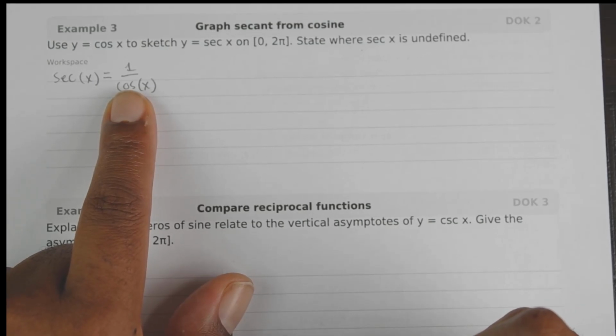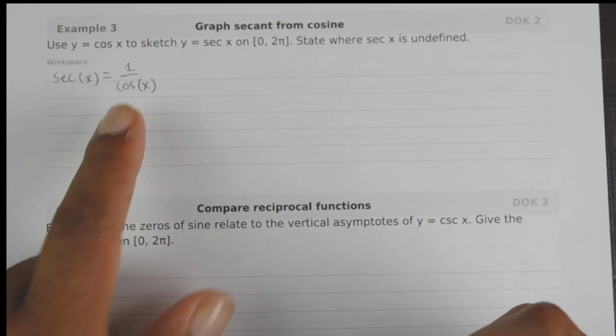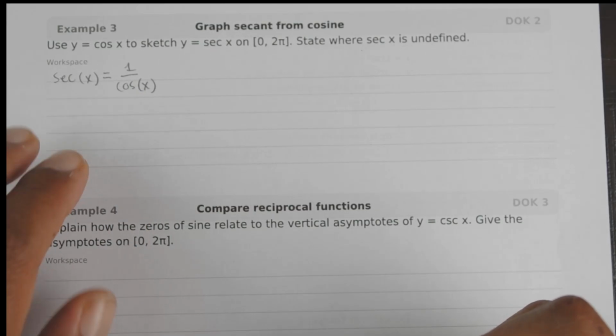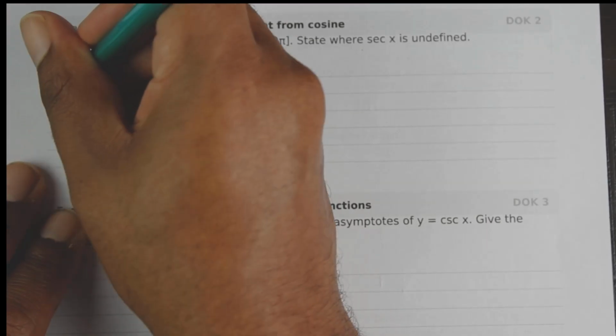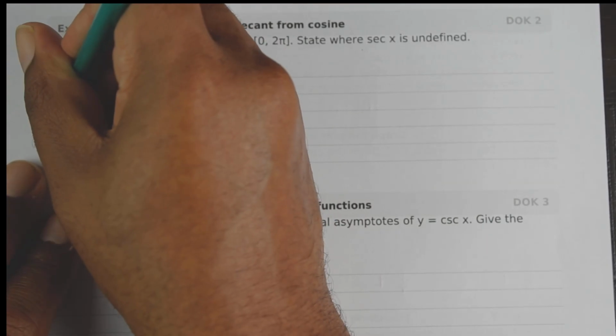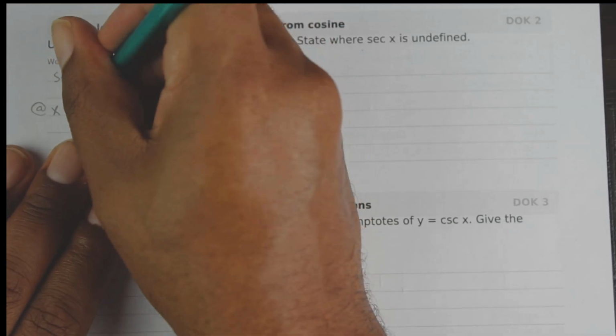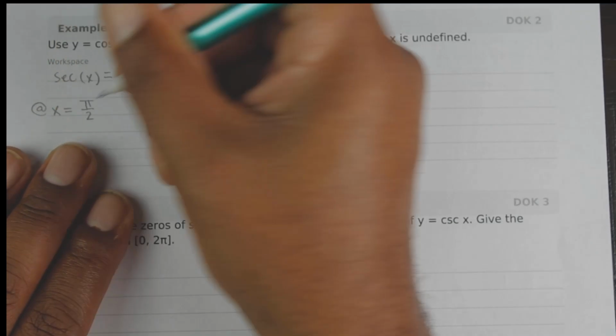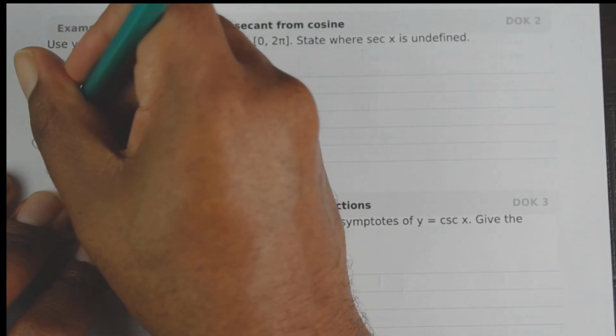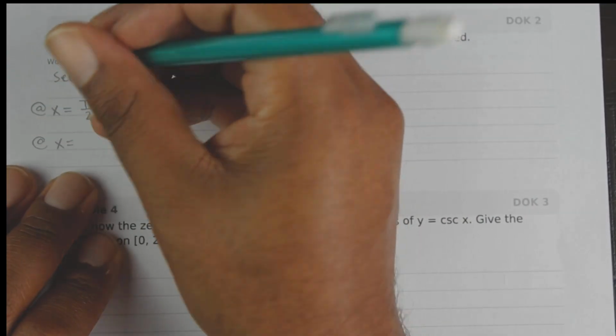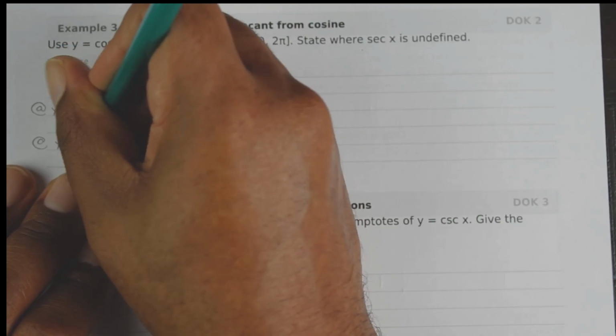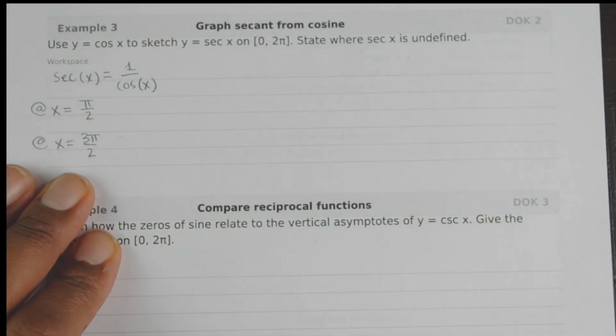On the interval 0 to pi, cosine equals 0 at x equals pi over 2, and at x equals 3 pi over 2.